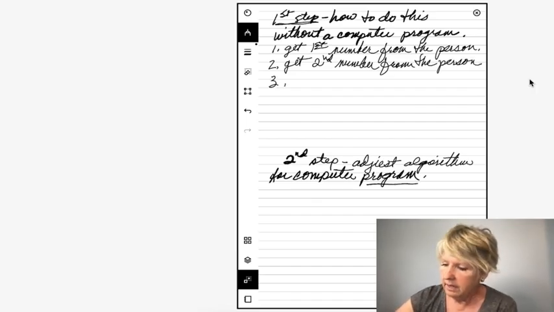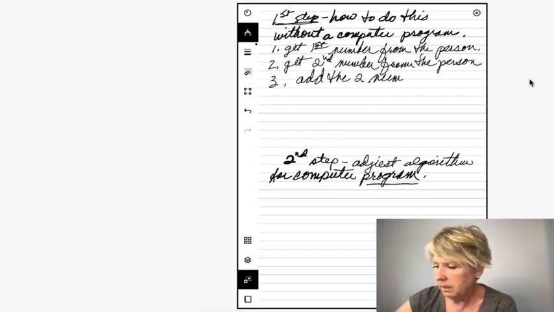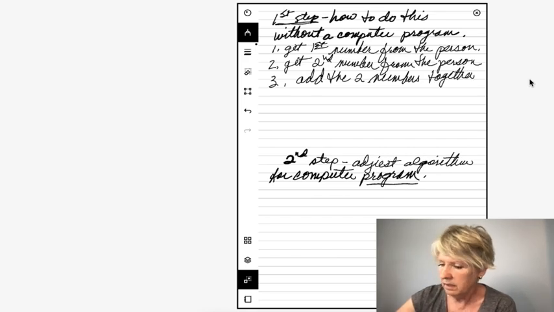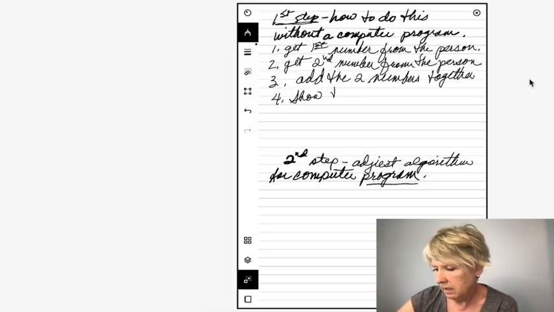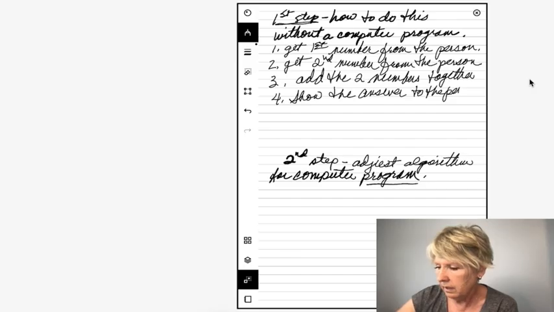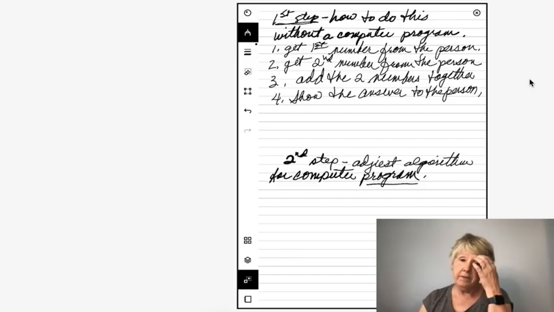Okay. And then add the two numbers together and show the answer to the person. Okay, so that's how you do it.